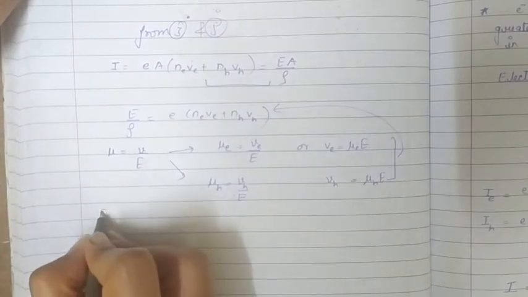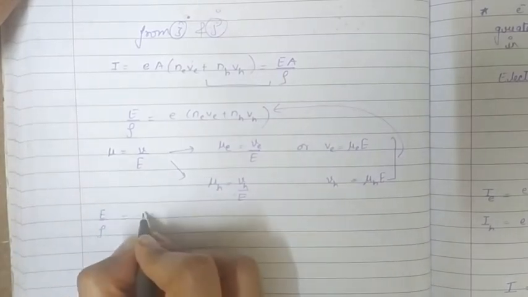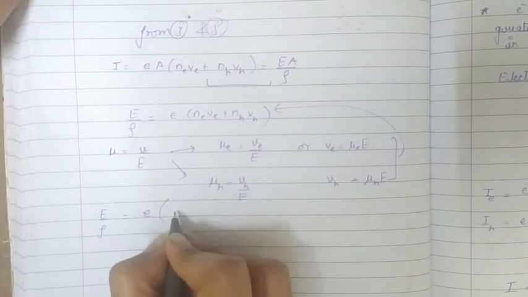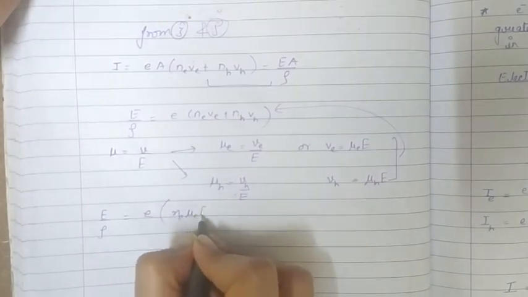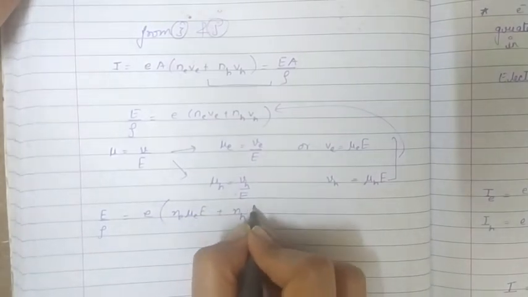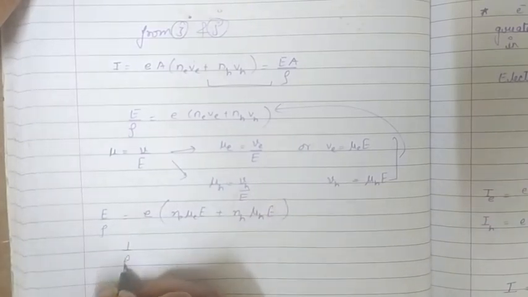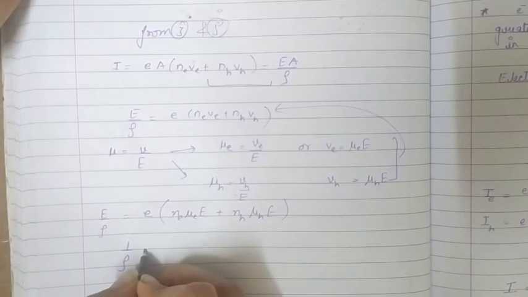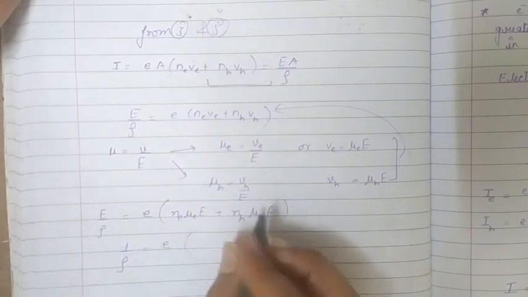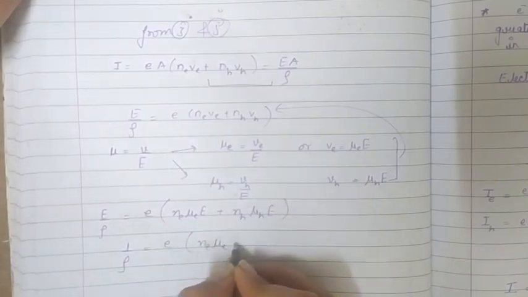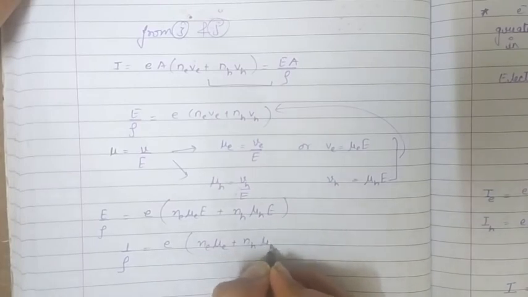So we get E upon rho is equal to small e (Ne mu e capital E plus Nh mu h capital E). E can be cancelled out from both sides and we get the reciprocal of resistivity, 1 upon rho, is equal to e (Ne mu e plus Nh mu h).